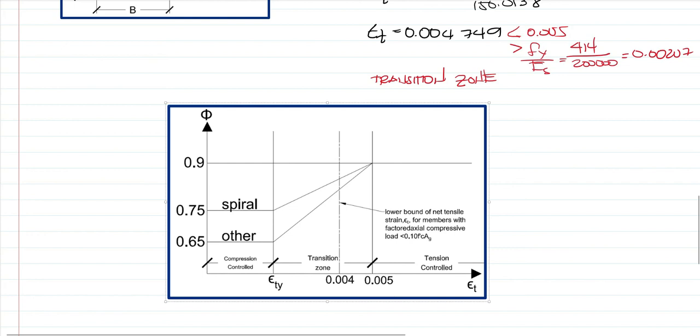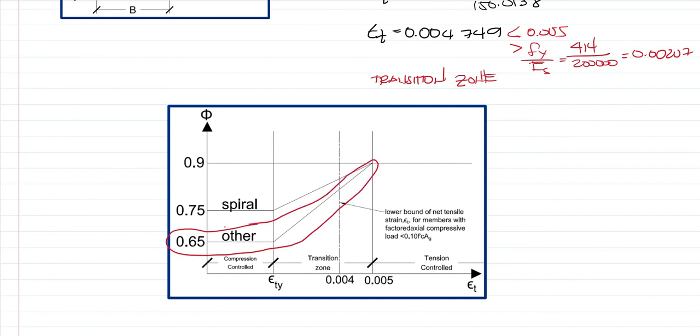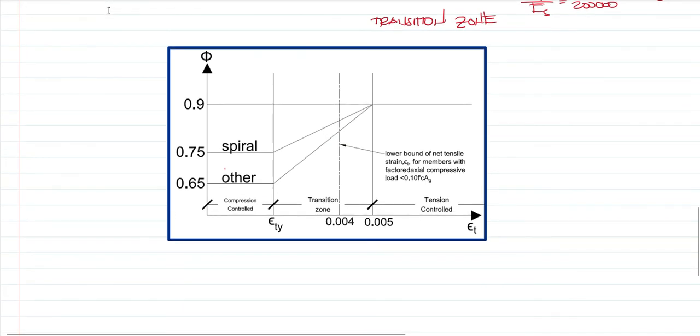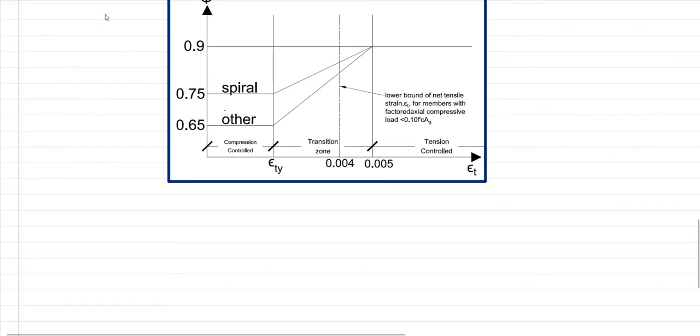So syempre, we are on the part ng 0.65 or yung others. So, ito yung linya lang napapansinin natin. So, syempre, we are on the transition zone. So, we will get the equation of this line using the values given.